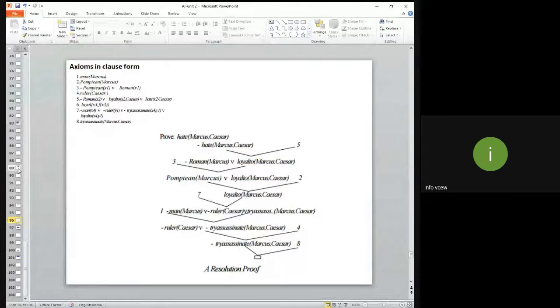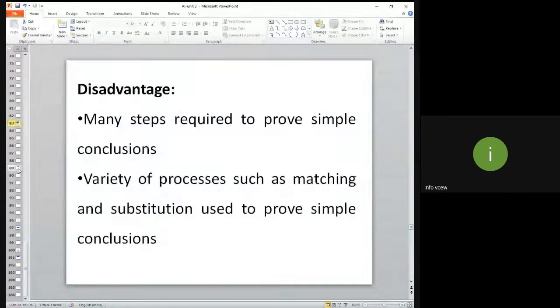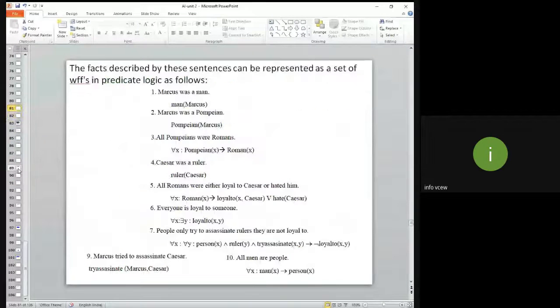Remember that Marcus was a man, Marcus was a Pompeian, then all Pompeians were Romans, and Caesar was a ruler.